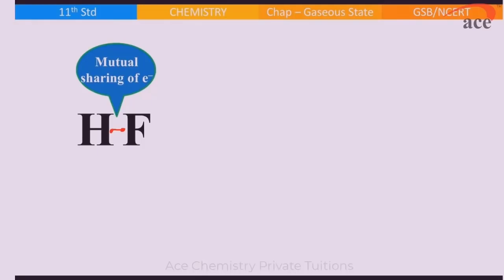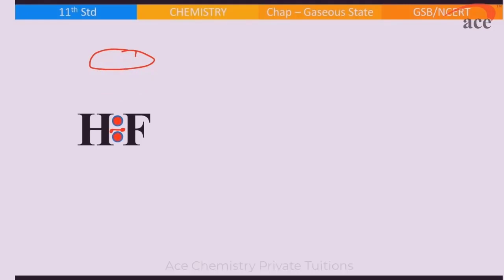Which type of sharing is it? Mutual. What do you mean by the word mutual? Mutual means one electron H is giving, another electron fluorine is giving. Both are contributing equally and sharing the electrons. Correct? So they have shown it here.